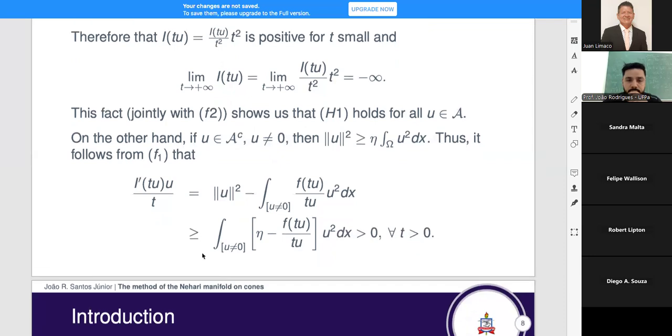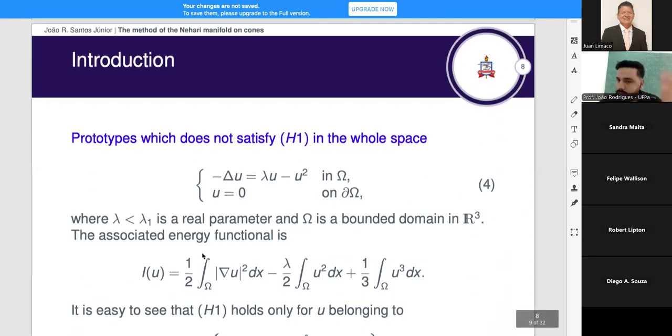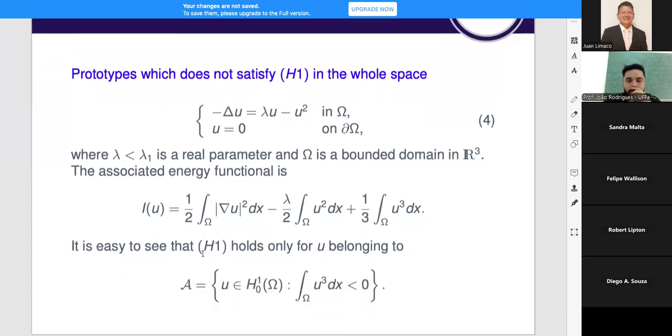And just to finish the examples I'm providing here, to justify that another kind of weaker hypothesis is important in order to cover this class of problems, let me tell you some words about this problem here.